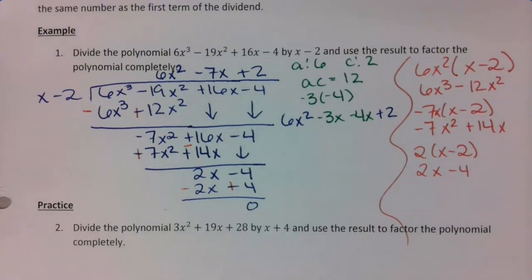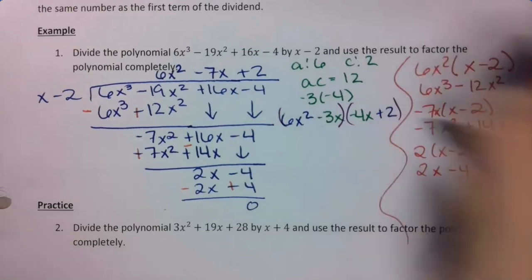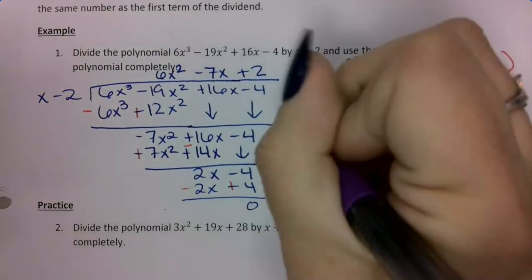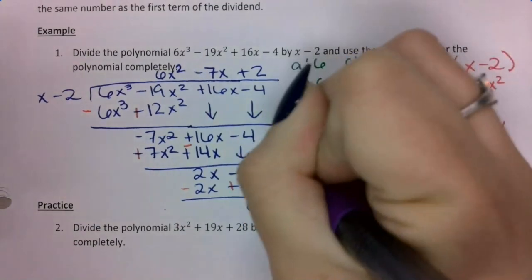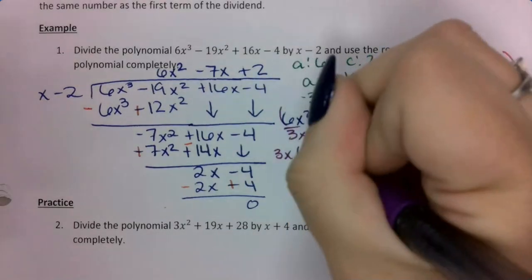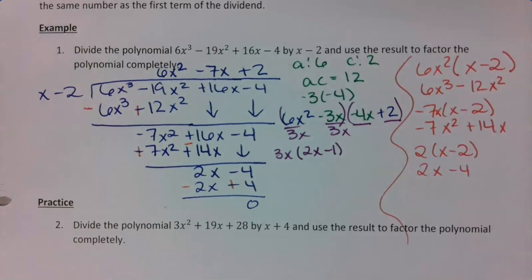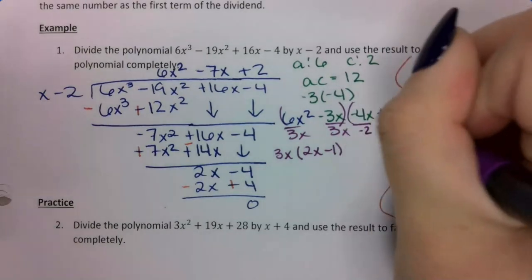Okay, then I want to break it up into 2 groups. So what divides my first group? 3x. What do I get left over? 2x minus 1. And then on my second group, what divides negative 4 and positive 2? I'm actually going to go with negative 2 because I want my leading coefficient to be positive.